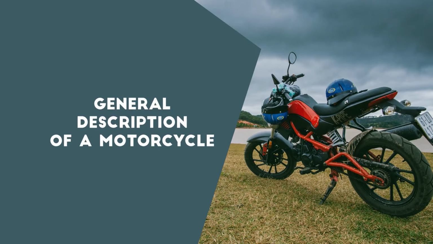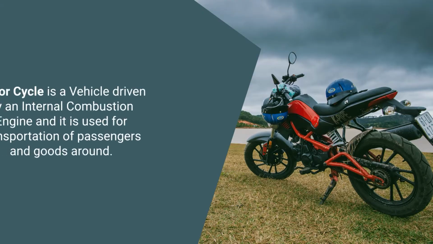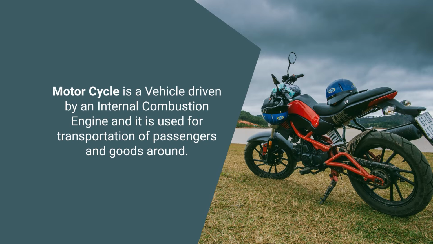Now, if I describe again a motorcycle, first thing which I have described, that motorcycle is for transportation purpose. Another important thing is that motorcycle is driven by internal combustion engine, or in short we say IC engine. As I told you, it is used for transportation of passengers and goods.